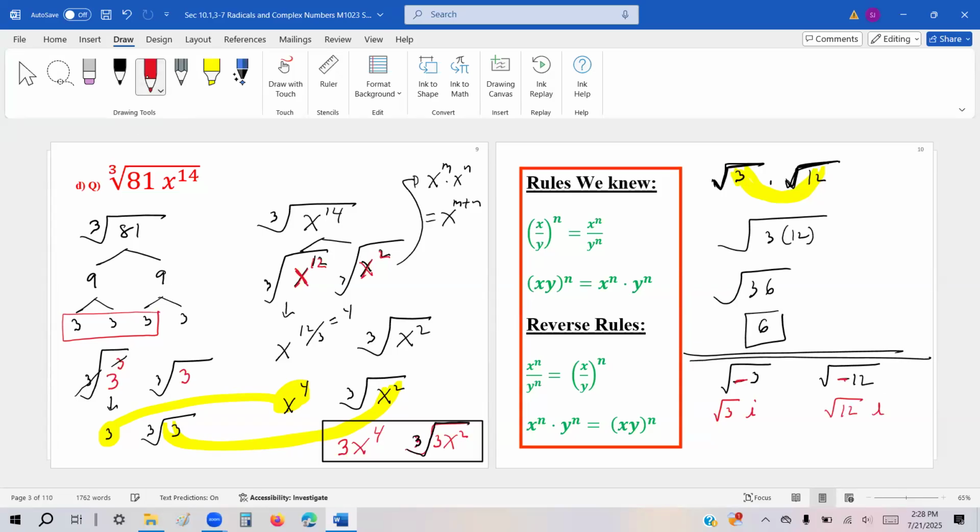So first you have to take your i out from the radical. And now 3 is positive, 12 is positive, you're going to multiply them. So we get square root of 36, i squared. i times i will give you i squared. What is the square root of 36? 6. And what is i squared? Negative 1. So the answer is negative 6.